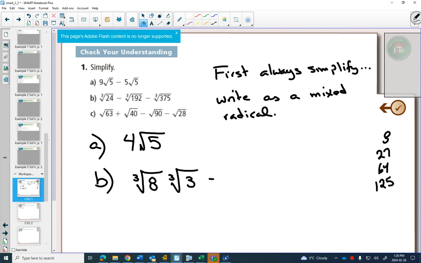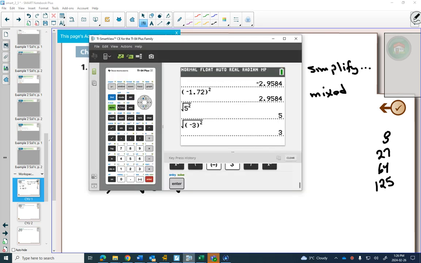What about 192? Sometimes you'll take out your calculator and you'll be like, okay, well, 192 doesn't divide nicely by 125. Let's see if it divides nicely by 64. So I take out my calculator. I take 192.